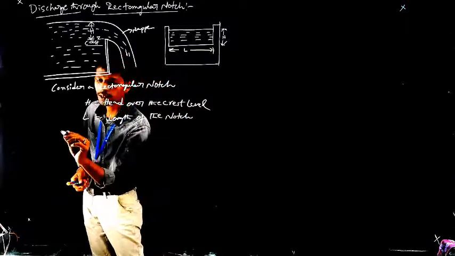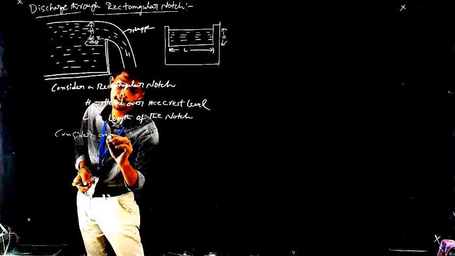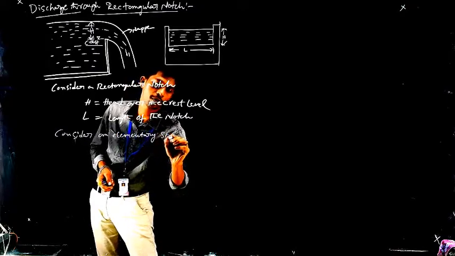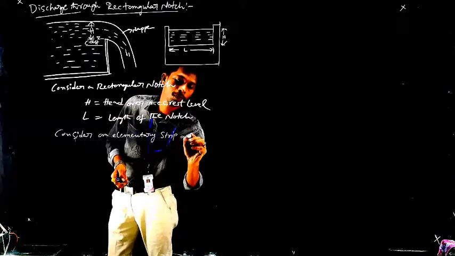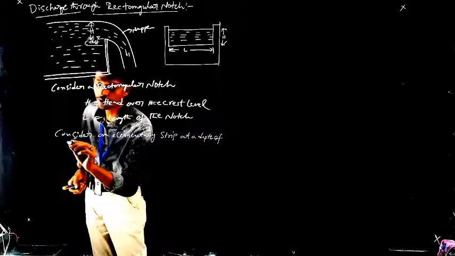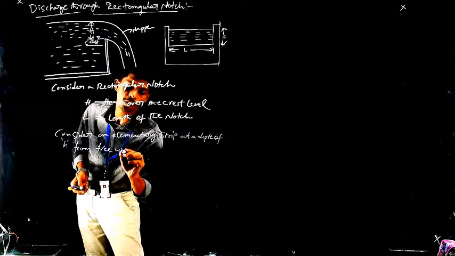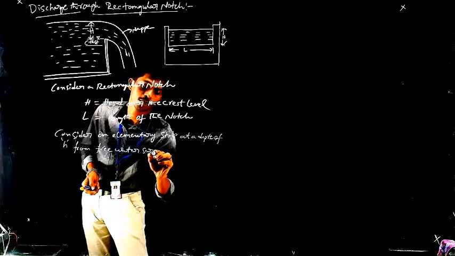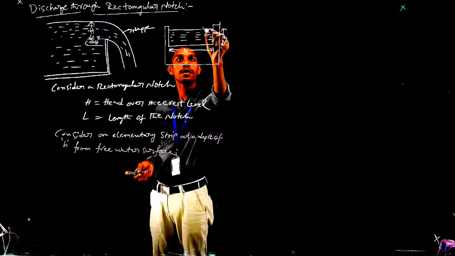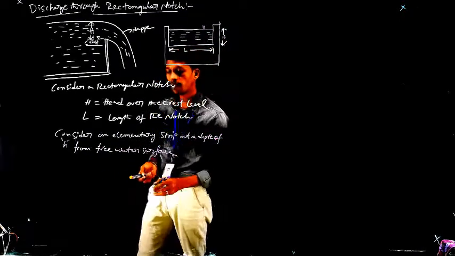So consider an elementary strip at a depth of small h from free water surface. This is the free water surface, right? From this, at a depth of small h, you have to consider an elementary strip.